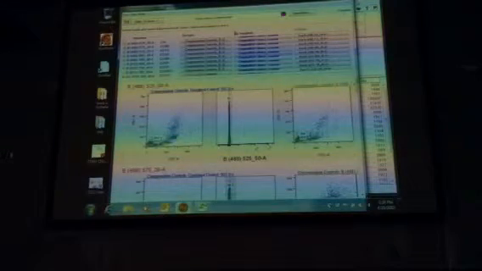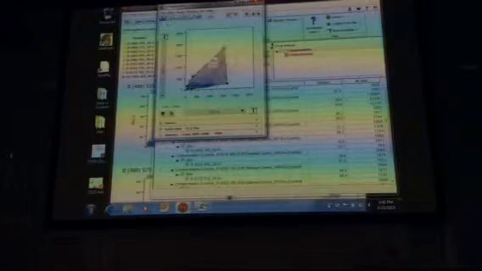So then what you need to do in this compensation part is go in and try to adjust the different cell types, the different populations of cells here.